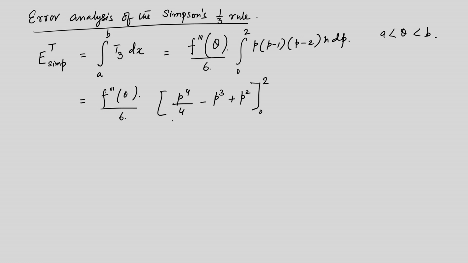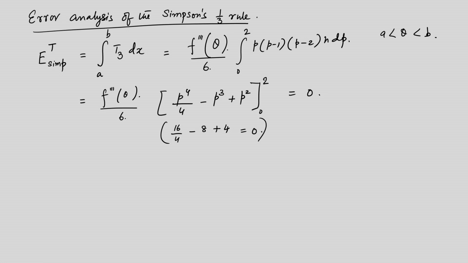But you see that if you put 2 here, it becomes 2 to the power 4, which is 16 by 4, minus 8 plus 4, which is equal to 0. So, this is the speciality of this Simpson's 1/3 rule, that the leading order truncation term contributes 0. So, there is no error at this level.